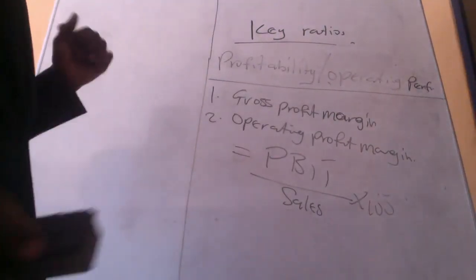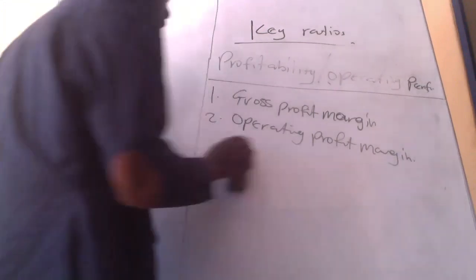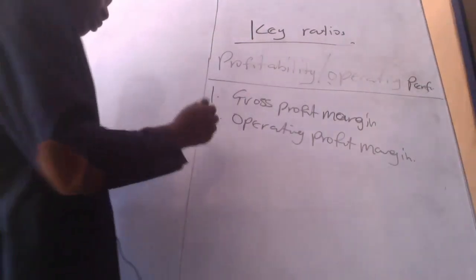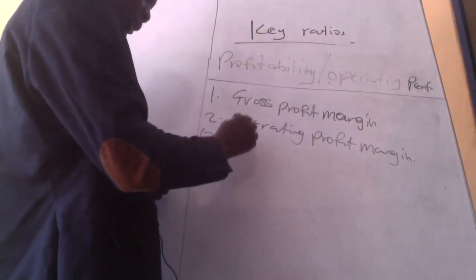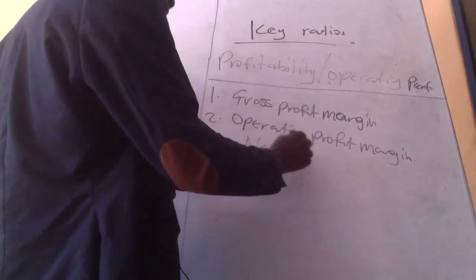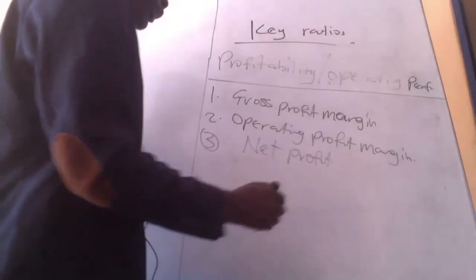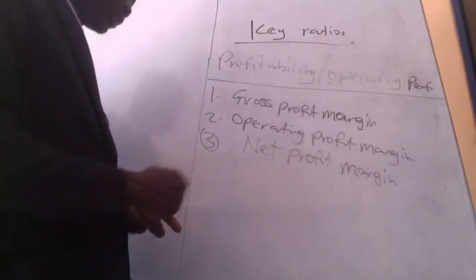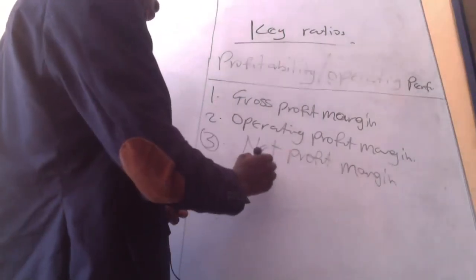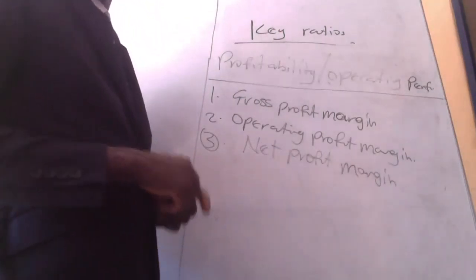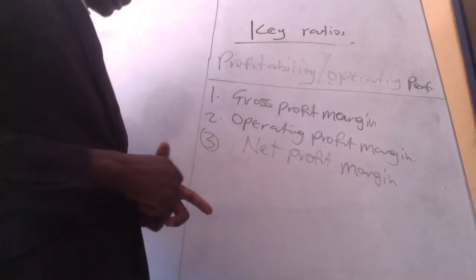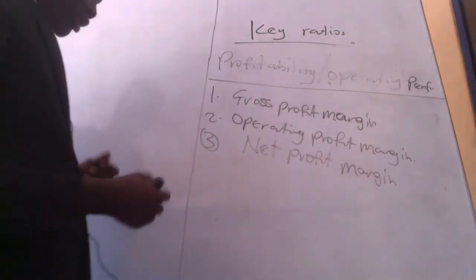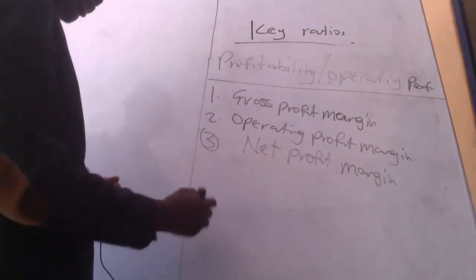Good. So take notes. Now let's move on to the next one on the list. Net profit margin. Basically, the net profit margin will be the profit after tax over sales times 100, or basically the net profit. There are three profits in accounting. Basically, they mean the same.